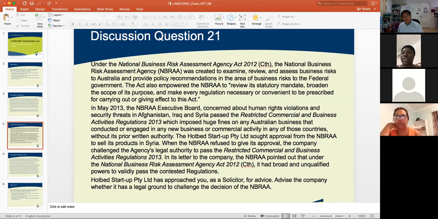In May 2013, the NBRAA Executive Board, concerned about human rights violations and security threats in Afghanistan, Iraq, and Syria, passed the Restricted Commercial and Business Activities Regulations 2013, which imposed huge fines on any Australian business that conducted or engaged in any new business or commercial activity in any of those countries without its prior written authority.